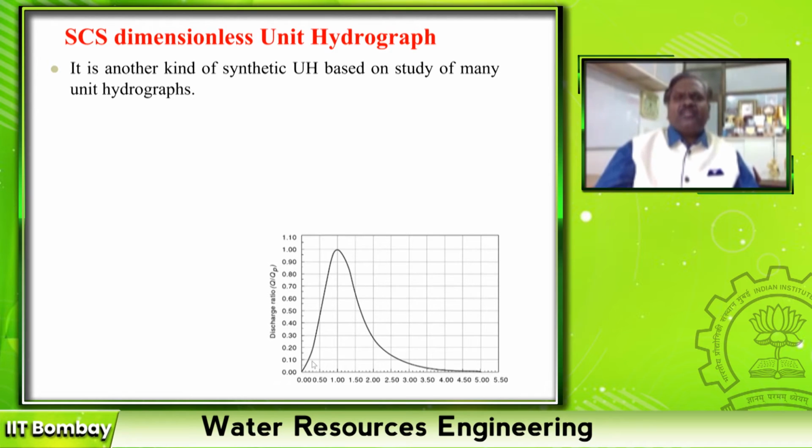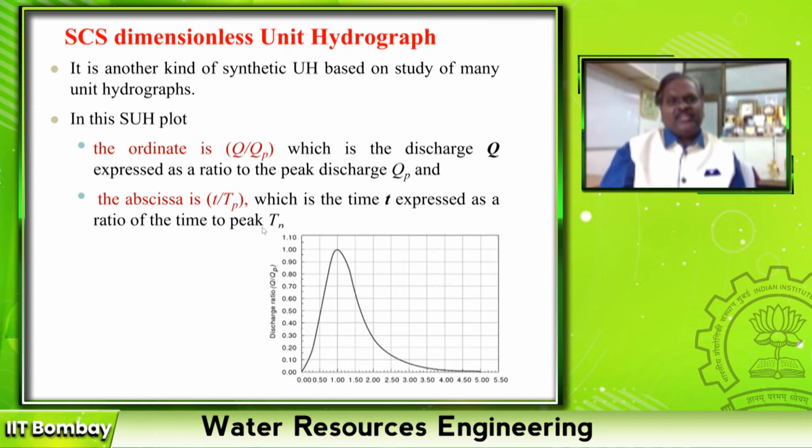Then the second method of distribution graph is known as SCS dimensionless unit hydrograph. In the previous case, even x-axis and y-axis are not common, it goes on varying. But in SCS dimensionless unit hydrograph, the x-axis is divided by T by Tp. Okay, so there is only one Tp and you divide it by the time of the observed unit hydrograph.